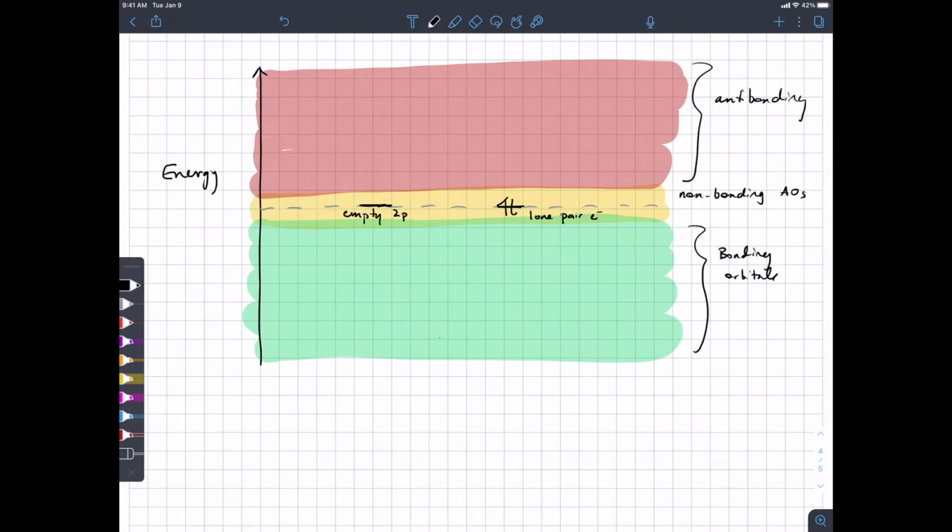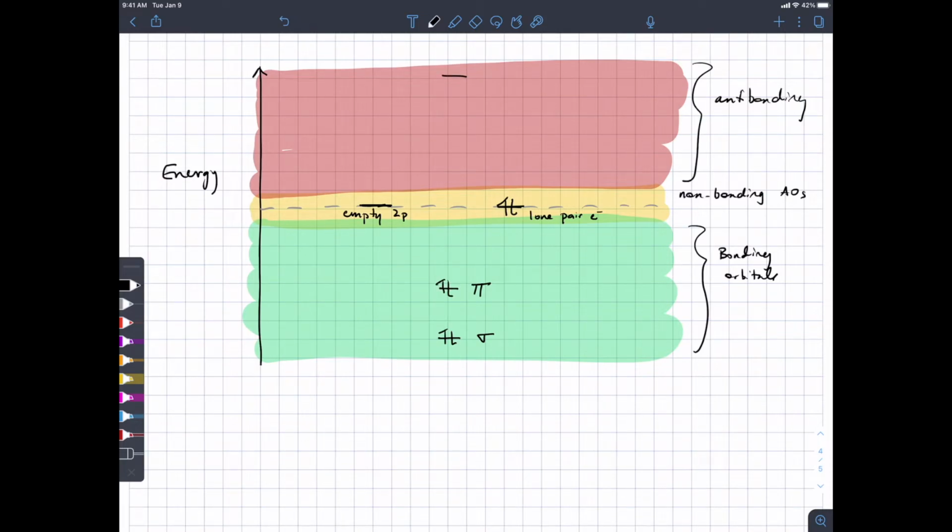We're going to see in general that sigma bonding orbitals are the lowest in energy because they're held close to the nucleus. If a molecule has pi bonds, they're going to be higher than the sigma bonds.